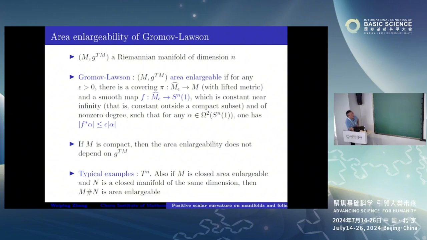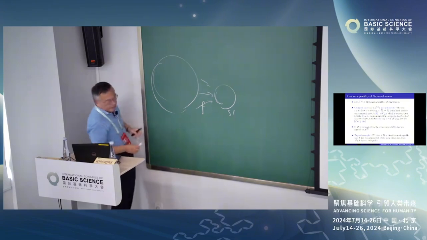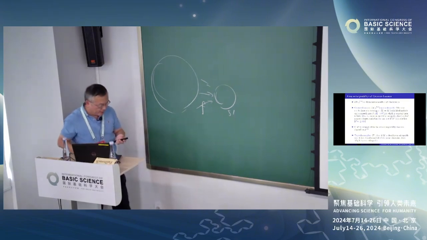If M is compact, of course, we can change epsilon, and this definition does not depend on the metric. But for a non-compact manifold, it is a concept associated to the metric. A typical example is the circle S1: you can always enlarge it, take an n-th covering of it, map it by a contraction, and this f verifies the condition. Enlarge means enlarge into a very large one. So the circle is clearly such an example.